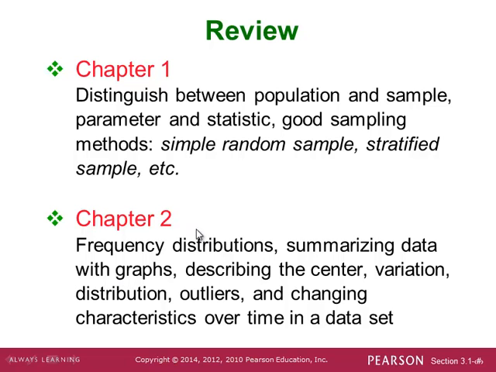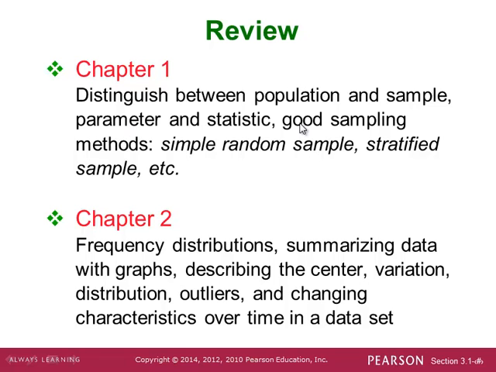Now, looking back, we've talked about getting your data set by taking a sample from the population. We also talked about some terminology and some examples of the terminology that we've explored is the sample statistic and how it's used to estimate a population parameter.